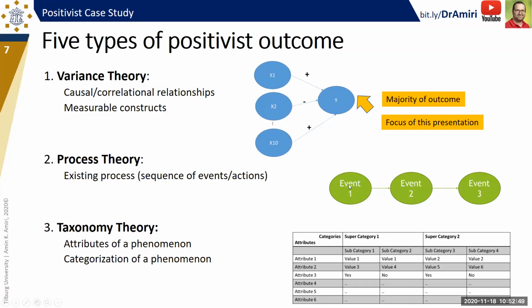So you would try to figure out, for example, when you bump into an IT attack, what an organization does. For example, they first do this, then this, then this. Or what happens to an organization when it's under attack? First this happens to this organization, then this, then this. So note that this is about existing processes, you're not suggesting what should be done.